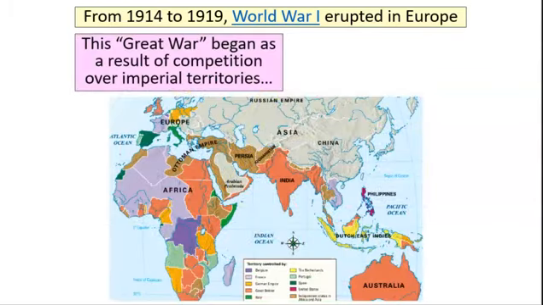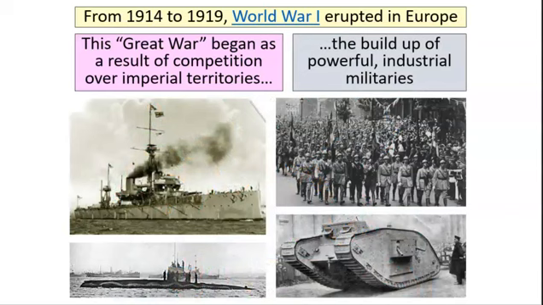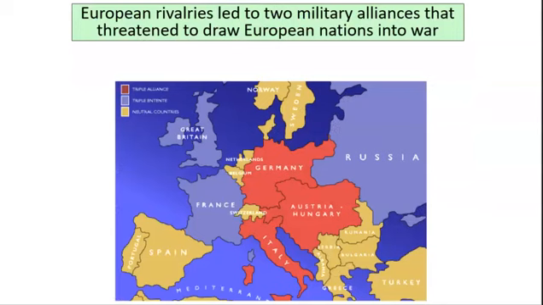Now, there's a bunch of different reasons why the war in general gets started. You've got all the competing rivalries for empires among European countries as they scramble for Africa and for Asia. You also have the building up of powerful military systems. You've got an alliance system that kind of draws everybody together.